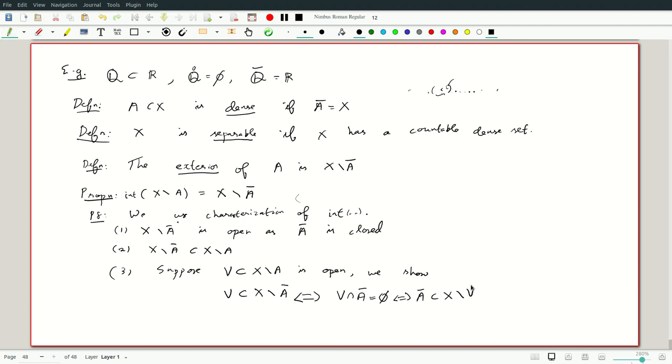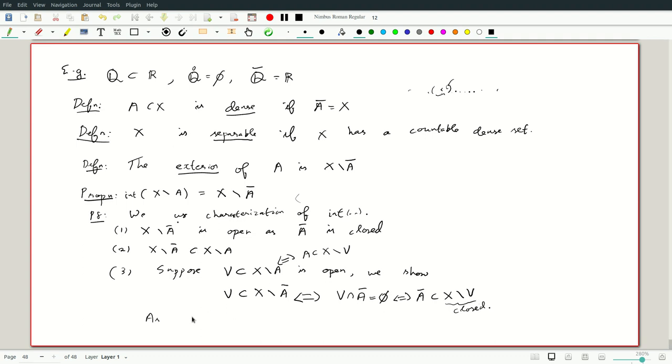But what do we know? V is contained in X minus A. So this is again similarly equivalent to A is contained in X minus V. But what do we know about X minus V? It is closed, because V is open.